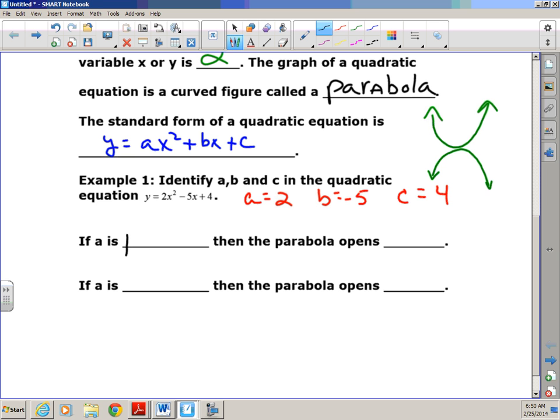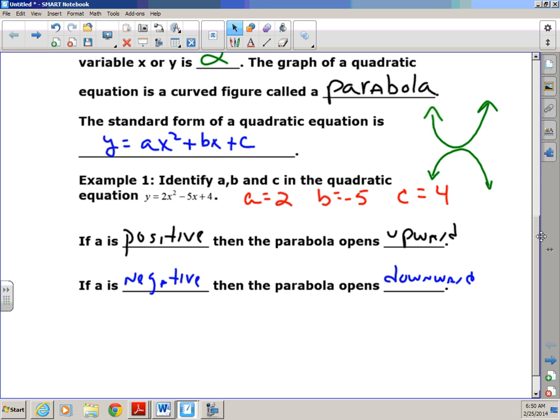If a is positive, then the parabola opens upward. And conversely, if a is negative, then the parabola opens downward. Now, we'll see that in a moment when we do some graphing.